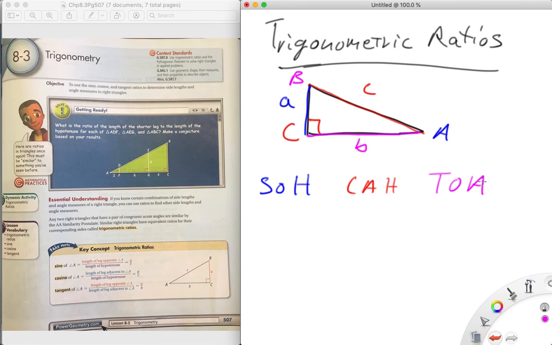All right. When we talk about trigonometric or trig ratios, we're talking about three types of fractions. Really six, but three for this course. And the first one we're going to talk about is the one called sine.